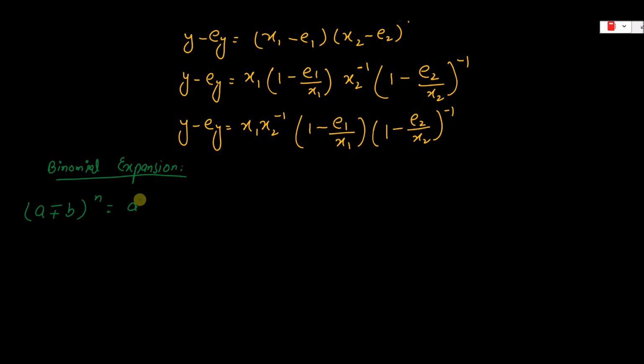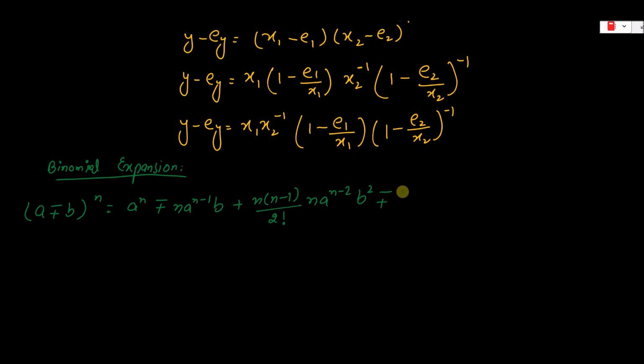So we have a^n, plus or minus n a^(n-1) b, and this remains plus for both the cases if you have a positive and a negative in between two numbers. Then you have n(n-1) by 2 factorial, a^(n-2) b^2.